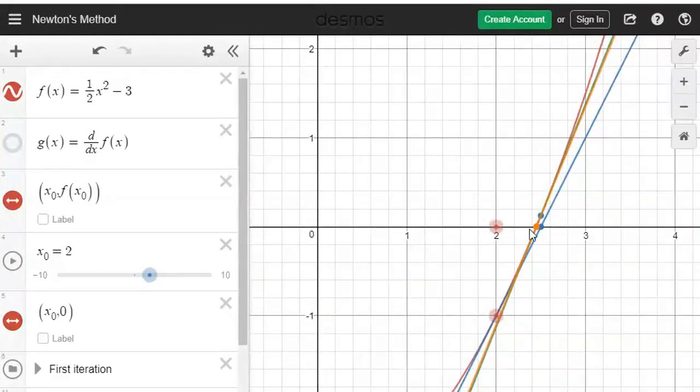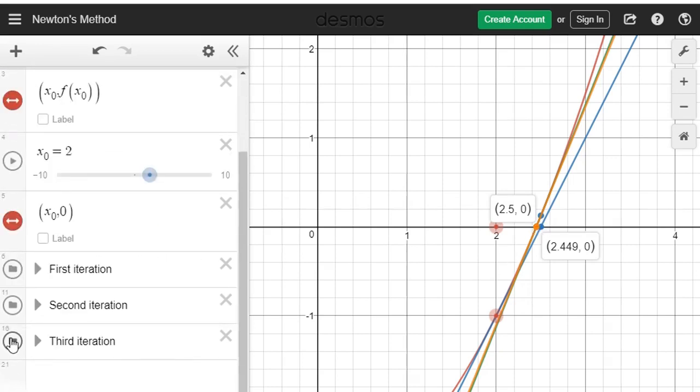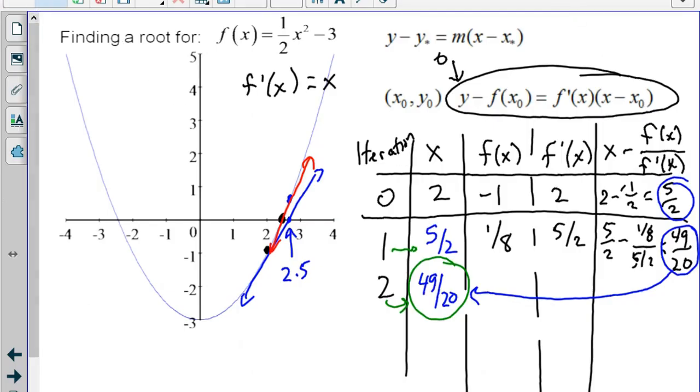We got these particular points. We got 5 halves, and the second one you actually can't see right now. The second one was 2.45, and then the third one, which we didn't do, would be even closer. So that's what actually happened in our graph.